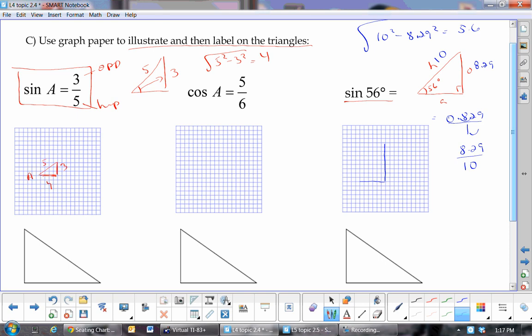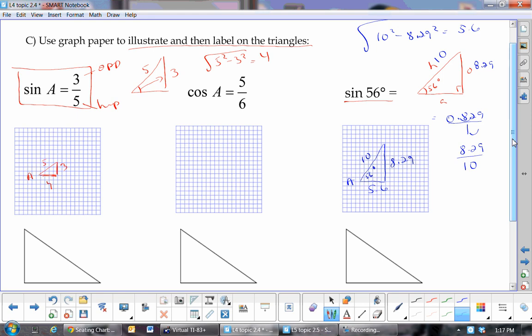Okay, and then I could draw my 10 hypotenuse. So that's what that triangle would look like. And if you had a protractor, you could put it down and you would honestly get around 56 degrees. I know it's hard to do 8.29, but it's a very good estimate.